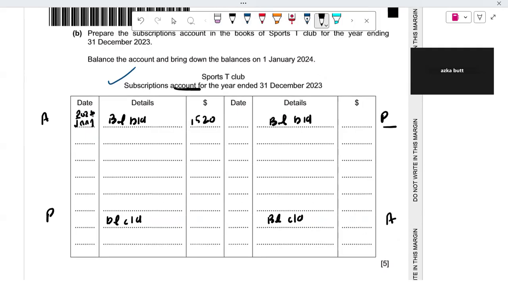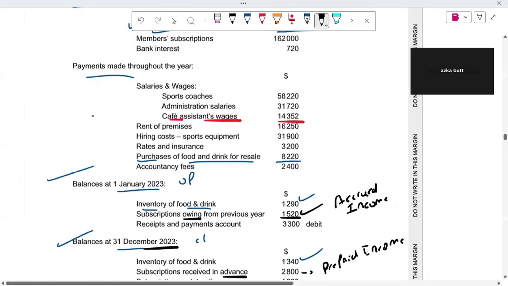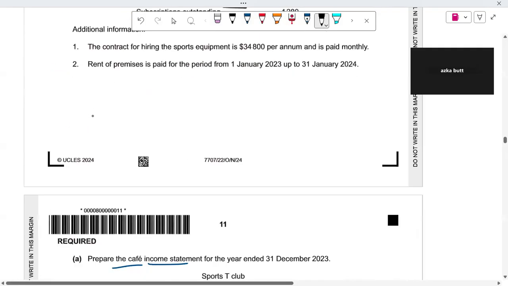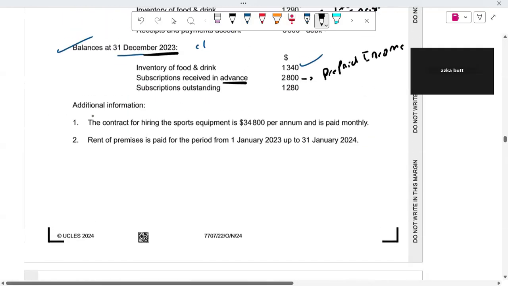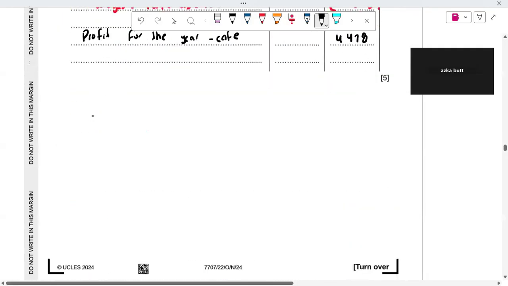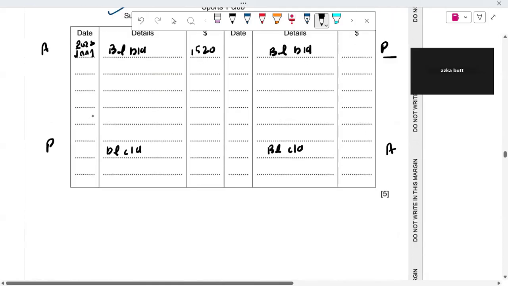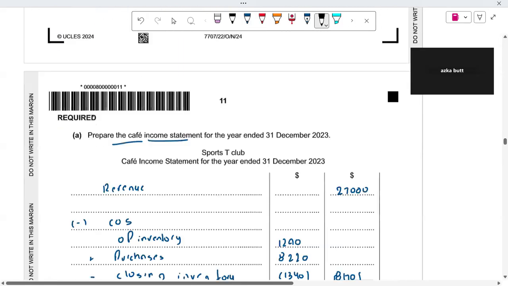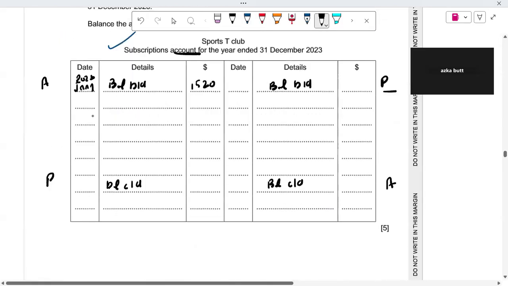Okay. And subscription received in advance, which is 2800 at the year end. Received in advance. Okay. So if we received it in advance, which is 2800, we will write it here.